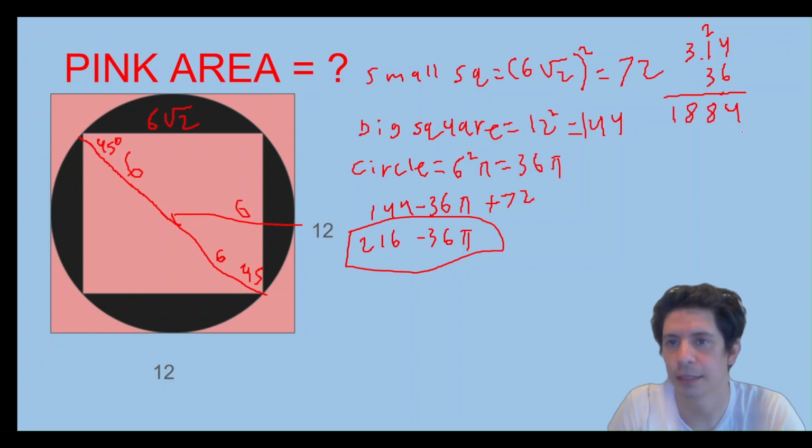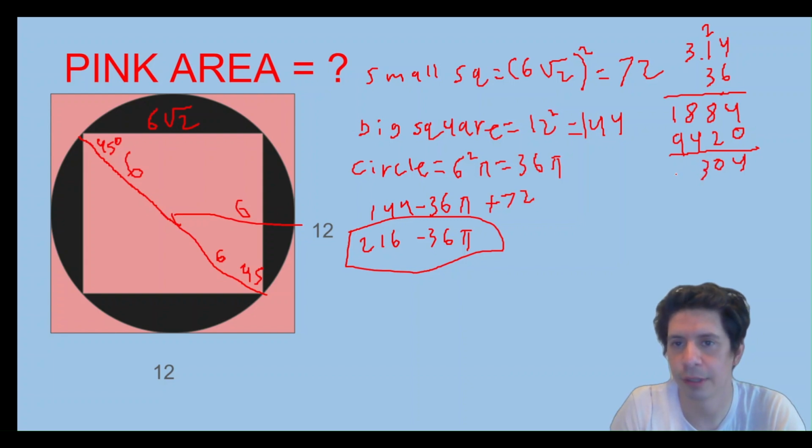Just like last time, then we have a 0. 3 times 4 is 12, carry the 1. 3 times 1 is 3, plus 1 is 4. 3 times 3 is 9. Then you get 4, 0, carry the 1. 12 plus 1 is 13, carry the 1. 9 plus 2 is 11. And then we put it here.